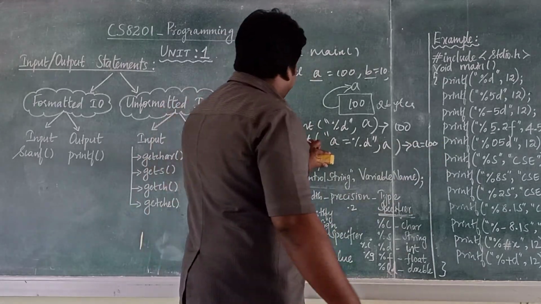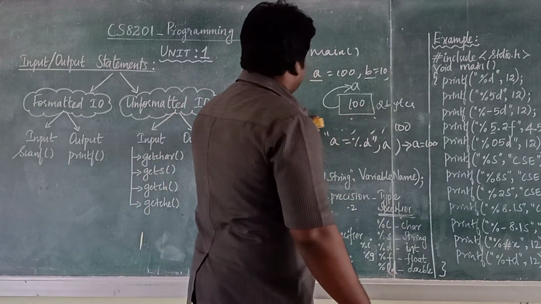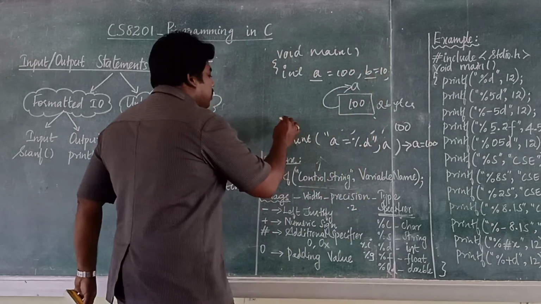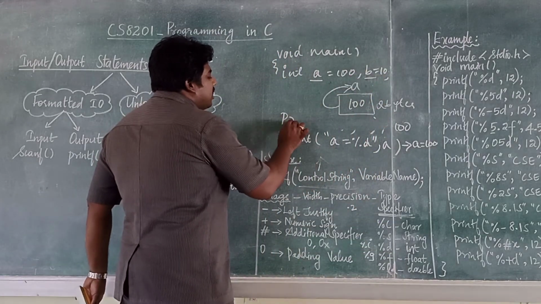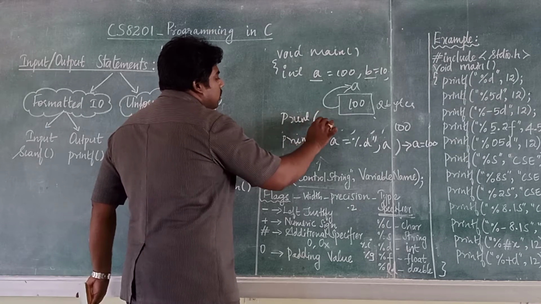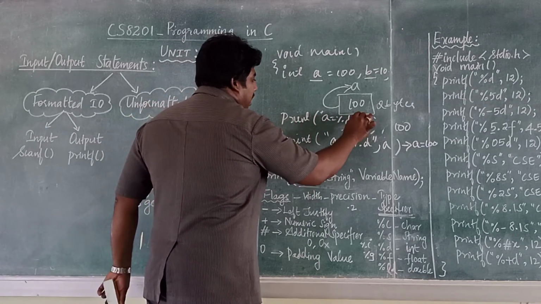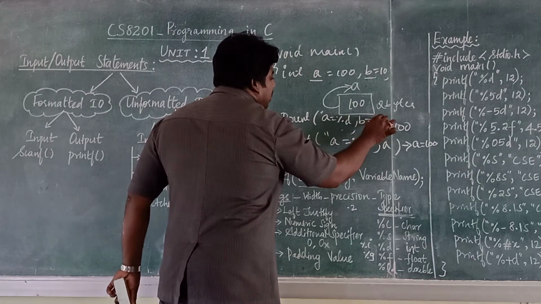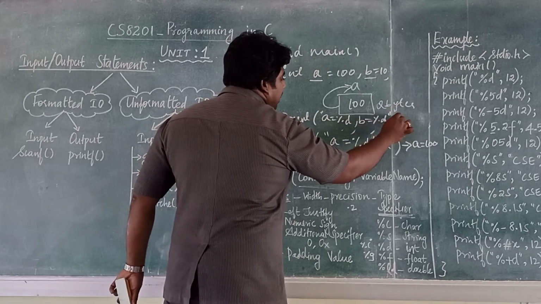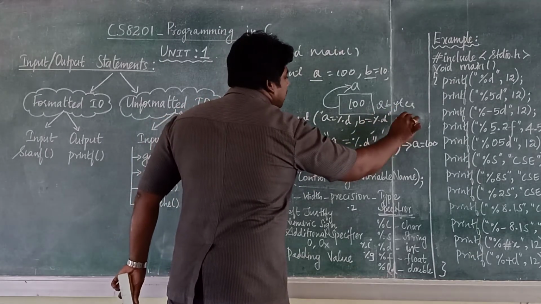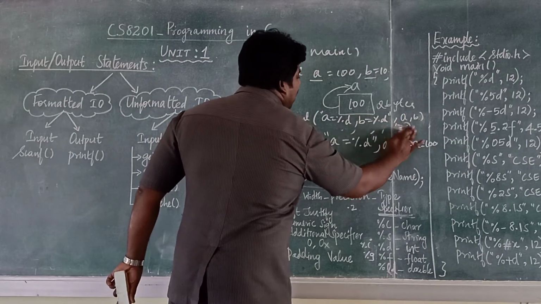Suppose you want to print both the numbers. Here two numbers are there, right? So you can write like this: printf A equal to %d, comma B is also an integer, so B equal to %d, comma A comma B. Now what will happen?